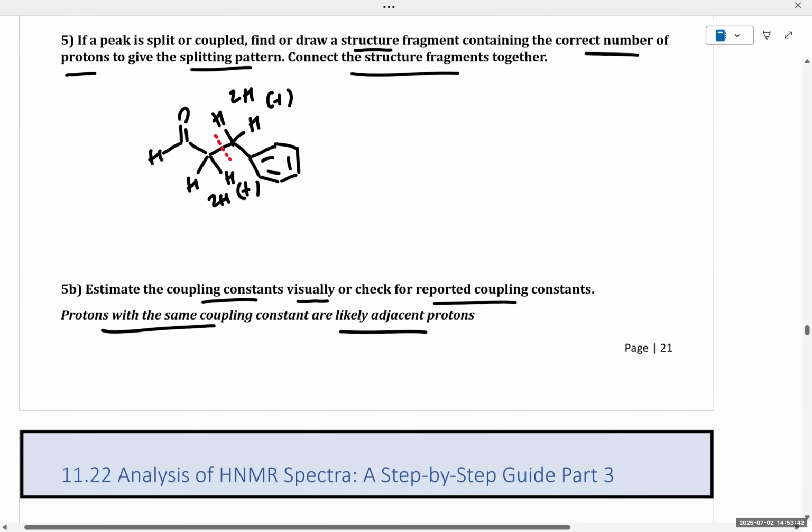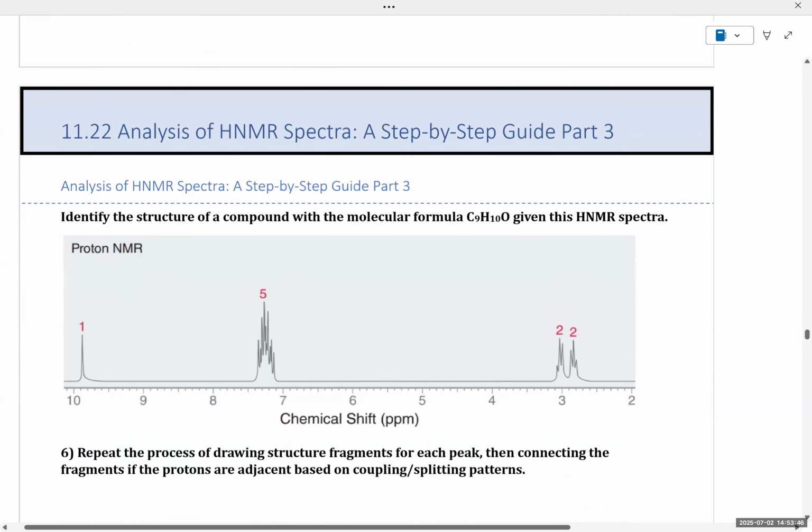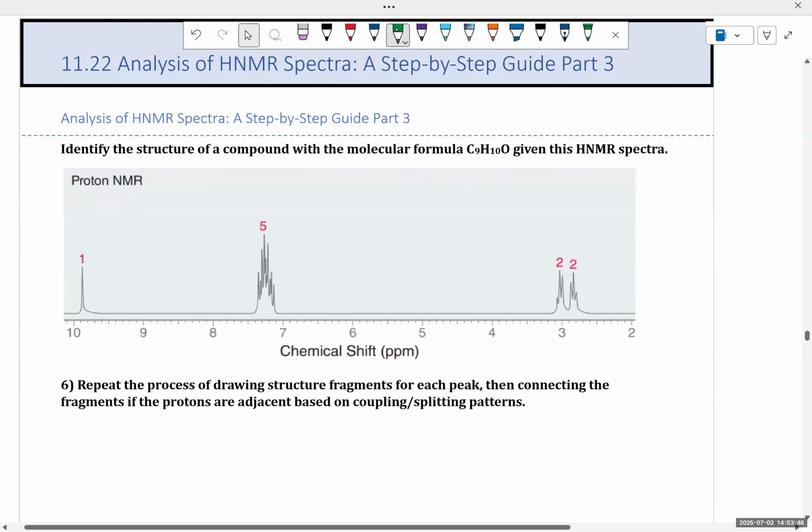Okay, now we've drawn out a reasonable structure. Let's just make sure that everything checks out.